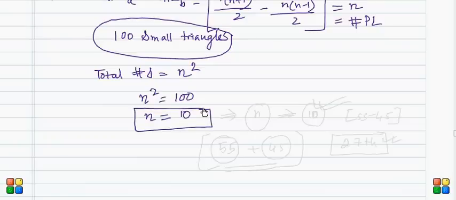Very interesting observation, n equals 10. And this implies that the difference between the number of triangles of the two labels is equal to n. In our case, n is equal to 10, so the difference is really 10.